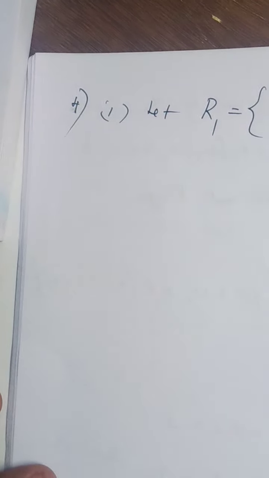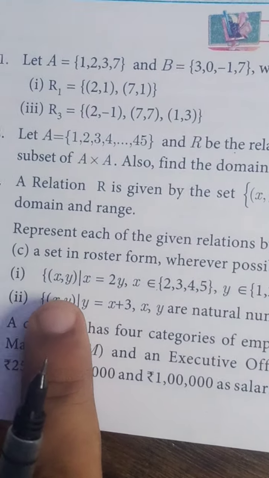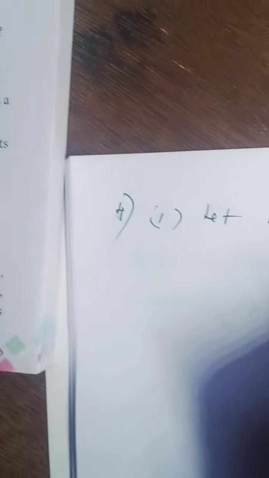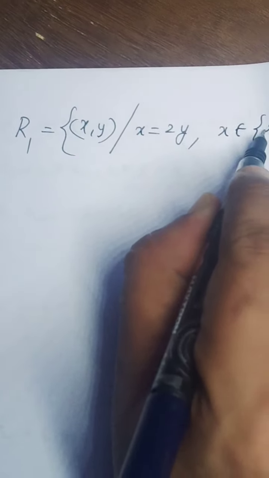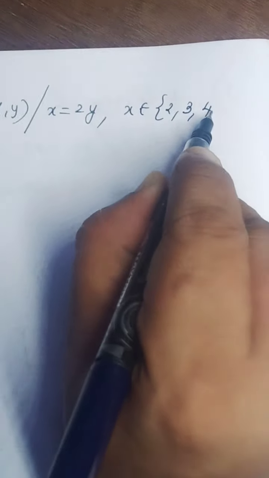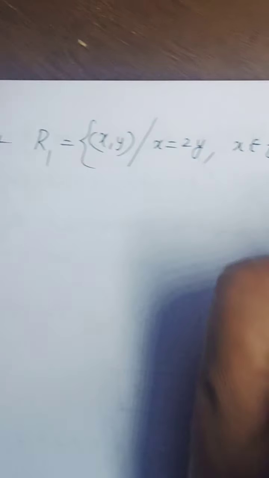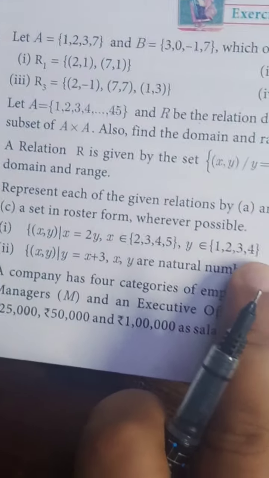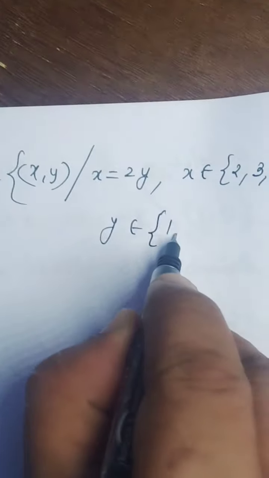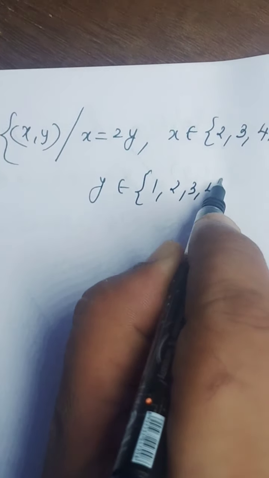R1 equals the set of all (x, y) such that x equals 2y, where x belongs to {2, 3, 4, 5} and y belongs to {1, 2, 3, 4}. Close the bracket.